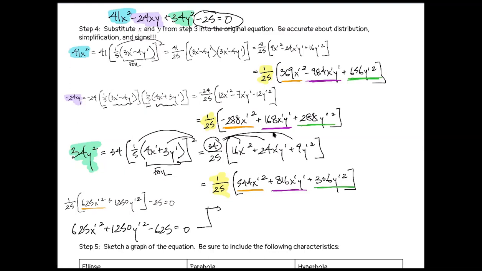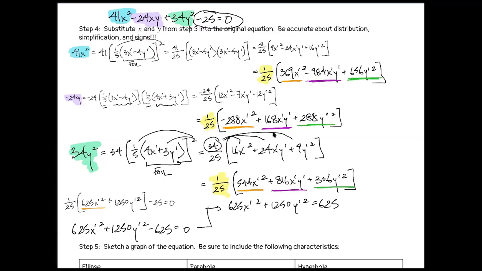I'm going to move that constant to the other side. And last step, I want to divide by that 625 to make the right-hand side equal 1.